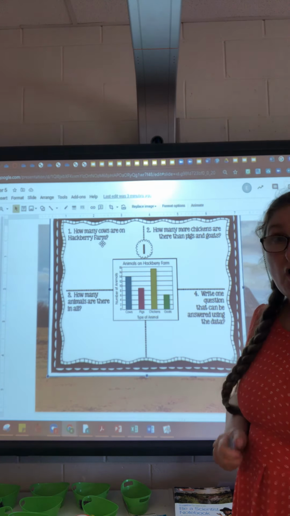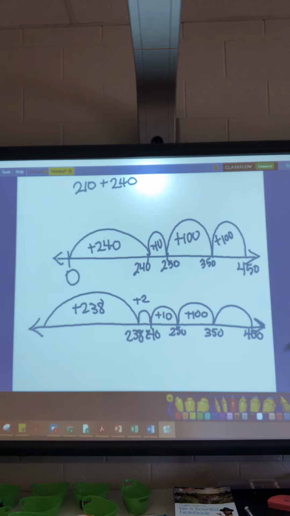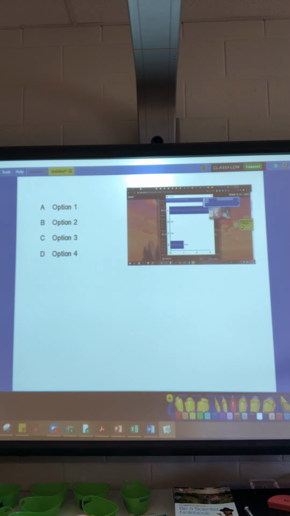All right, so I'm going to get my annotating tool, and I'm going to write over some of the graph.